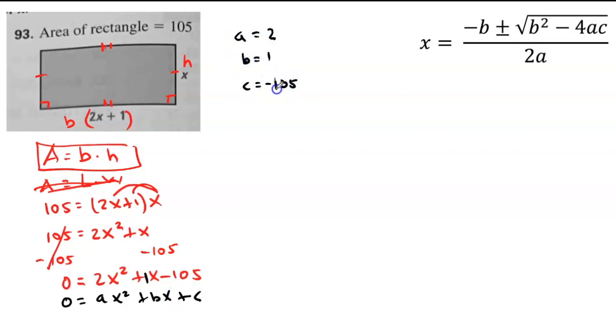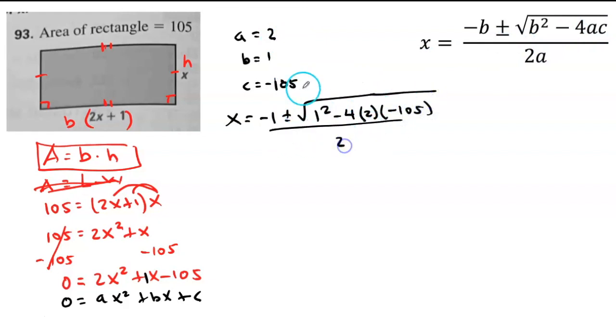So I have to apply this to my quadratic formula. X equals negative b, negative 1, plus or minus the square root of b squared, 1 squared, minus 4 times a, 2, times c, negative 105. Be careful with those signs. Divided by 2 times a, 2. X equals, let's do the math.